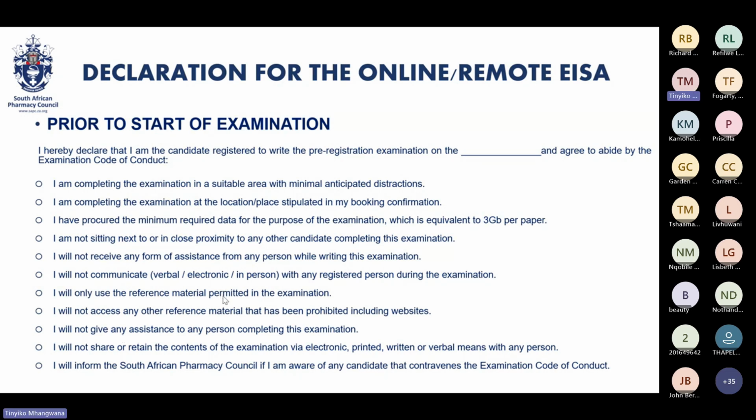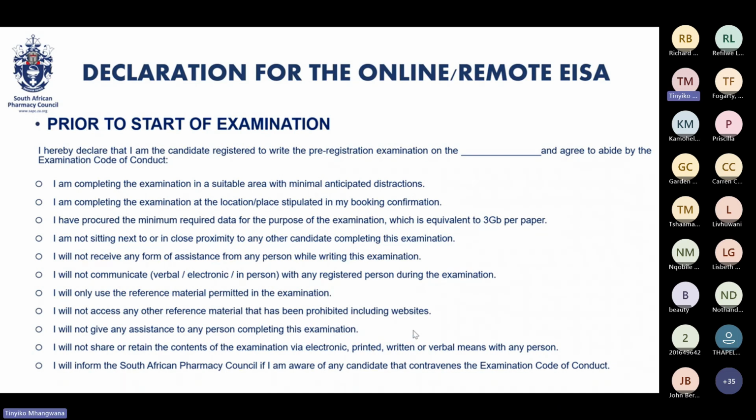You're going to only use the reference materials that are permitted. You're not going to go to Google, because you're not allowed to Google the answers. So if you go to Google while you're writing the exam, your invigilator will see that, and it is a violation. So please don't do that. You can use your material that is on the screen, but not to Google the answer.